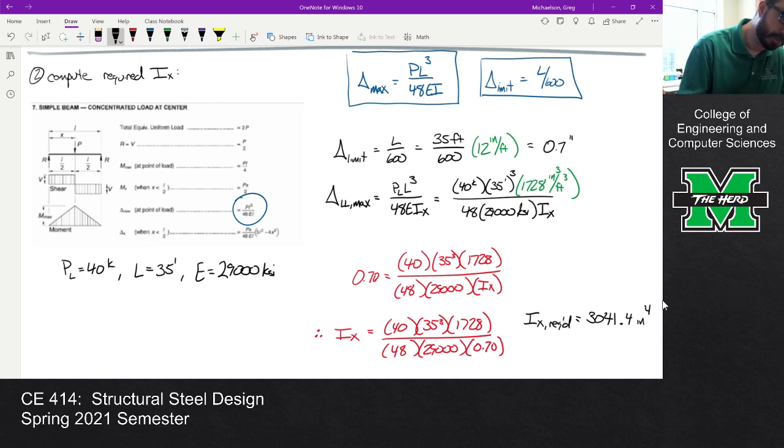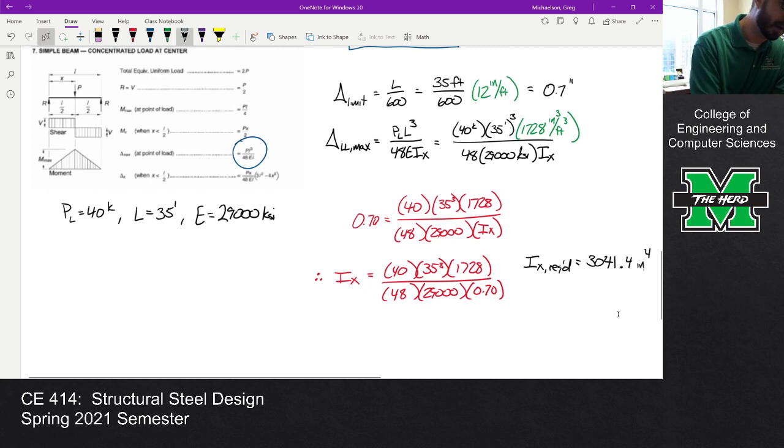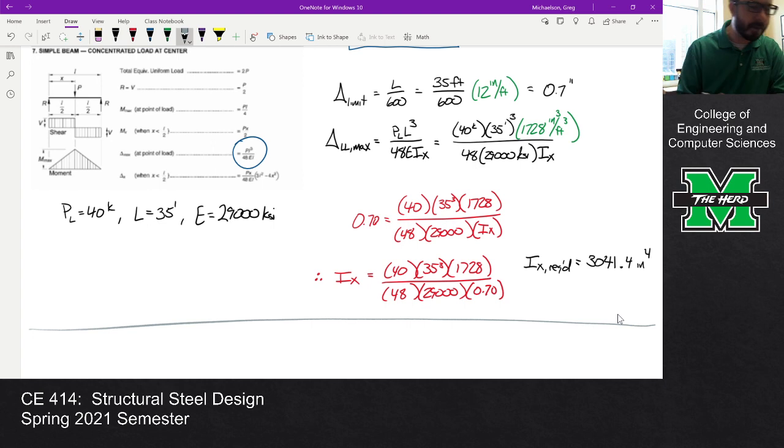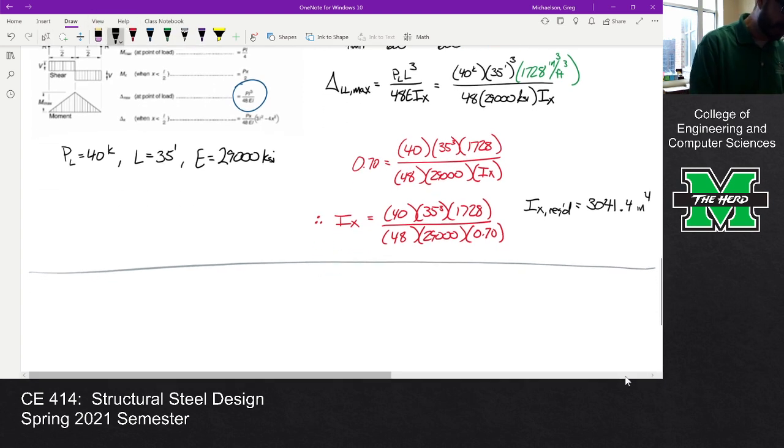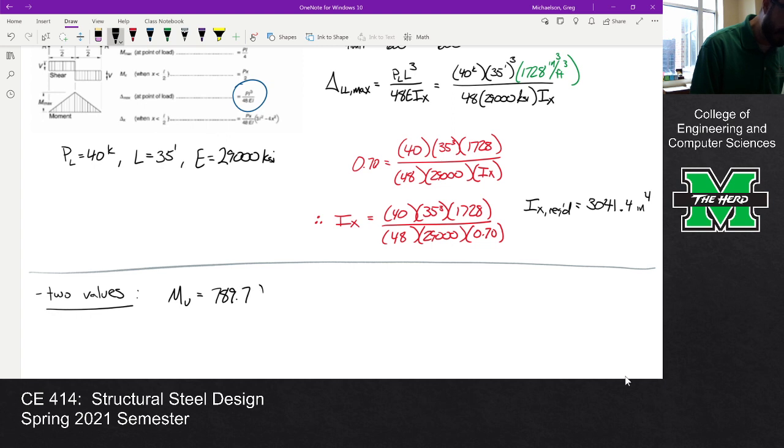Remember, a moment of inertia is in inches to the fourth. So what we really care about is, remember, at the end of step 2, we have two values that we care about. MU is, I think it was, 789.7 foot kips.